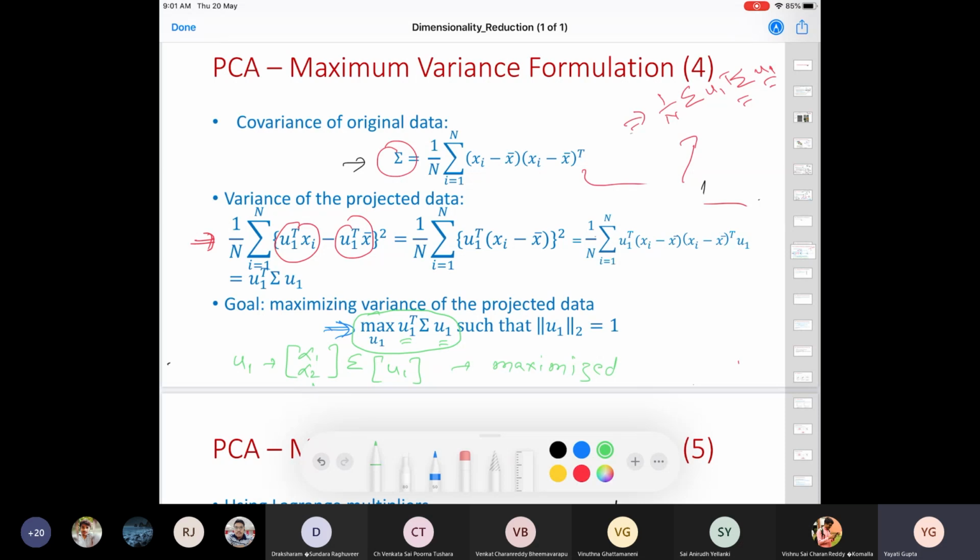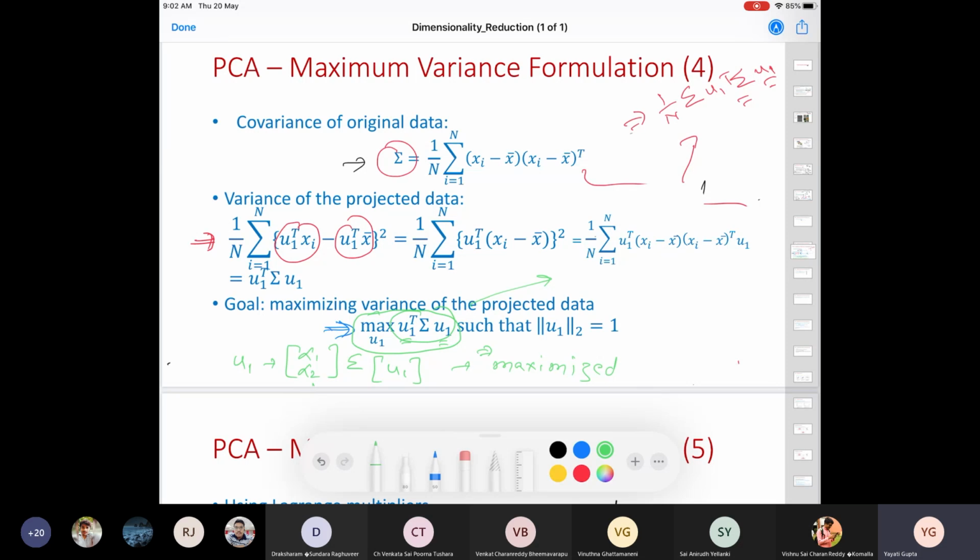What should be the values of these coefficients so that the quantity you get at the end is maximum? What kind of values would you want for these coefficients if you want this entire product to be maximized? Any ideas?